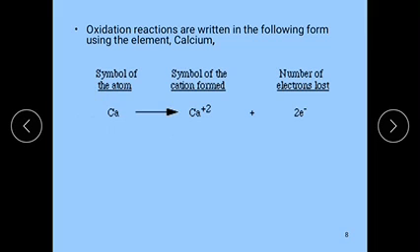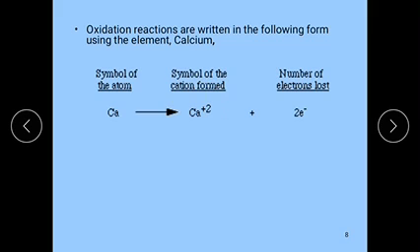The charge is always equal to its oxidation number. When we observe calcium in the elemental state, its oxidation number is 0, and when it loses 2 electrons it converts to Ca2+, the calcium cation.